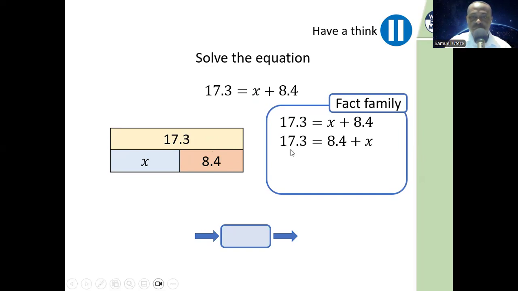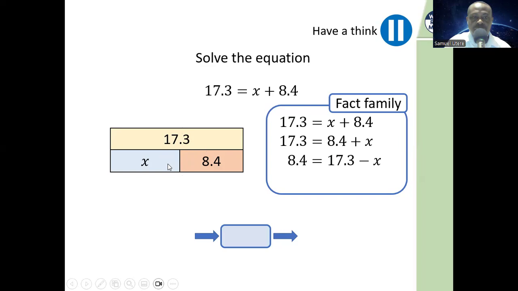That's fairly obvious. And then the subtraction, the way to do it, you can say, okay, what if I take a slice of x from 17.3? How do I write that? I can write that as 17.3 minus x equals 8.4, because that's what is going to be left.